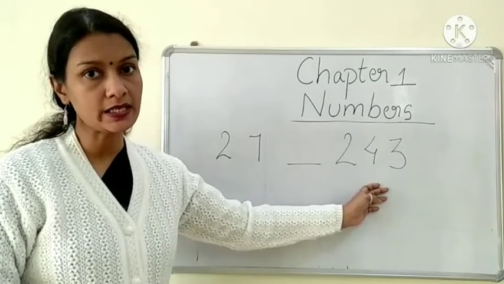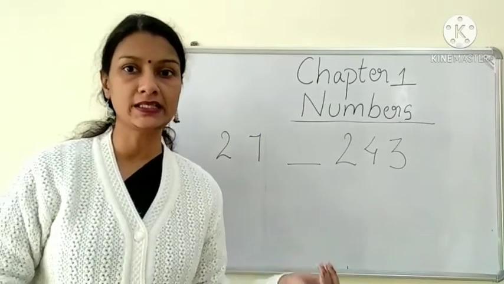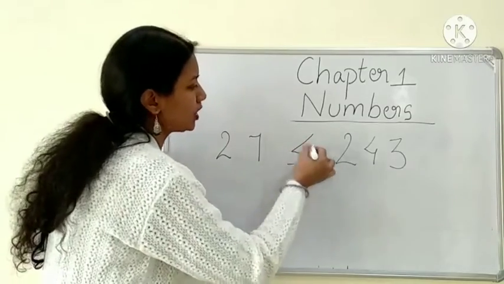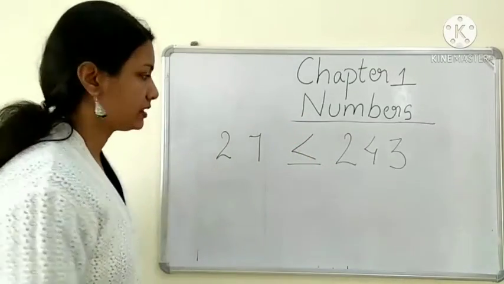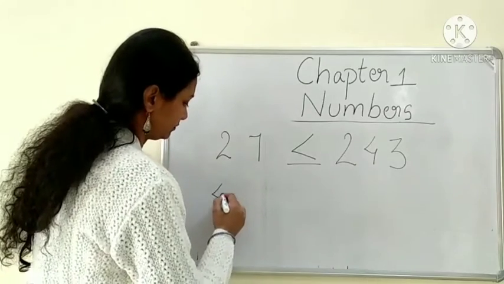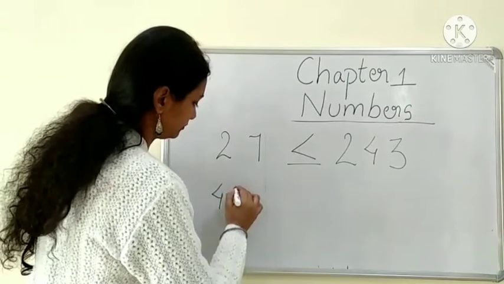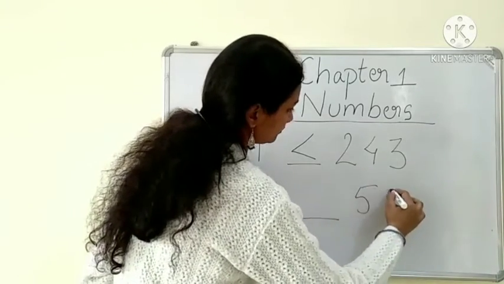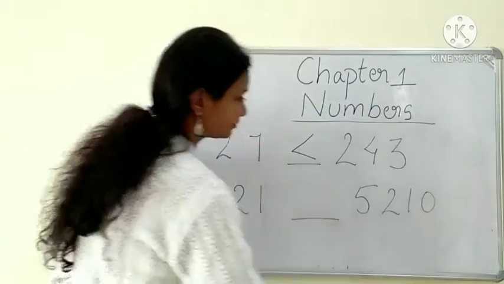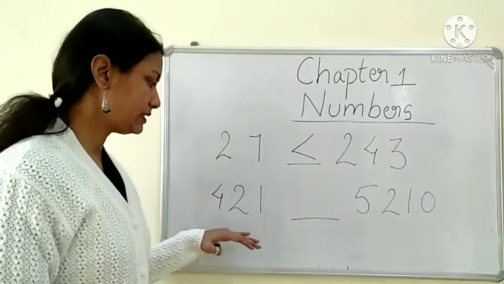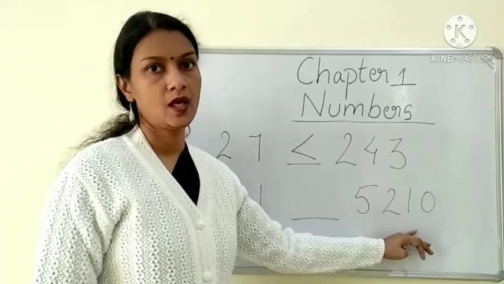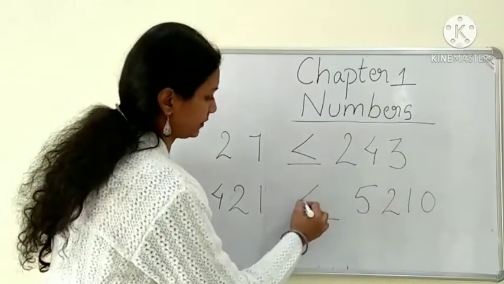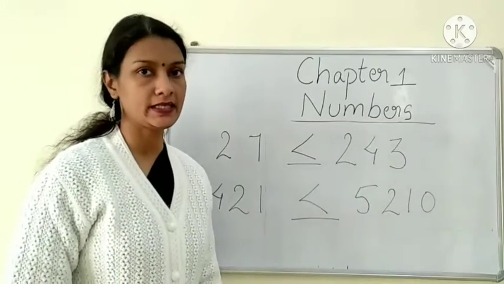So in such a case, the number with more digits is greater than the number with fewer digits. So 243 is greater than 27. Again, here it is a 3 digit number, this is a 4 digit number. So the number with more digits is the greater number. So 5210 is greater than 421.